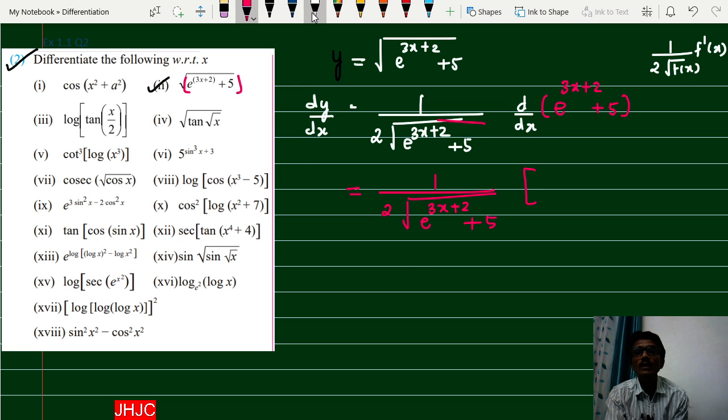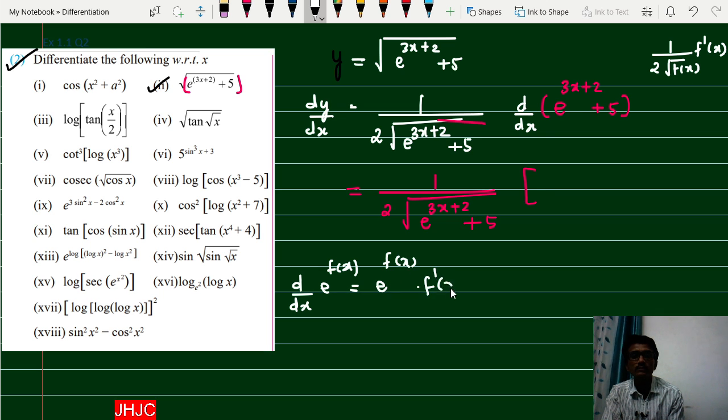So again we apply this: derivative of e raised to power fx is equal to e raised to power fx into f dash of x.